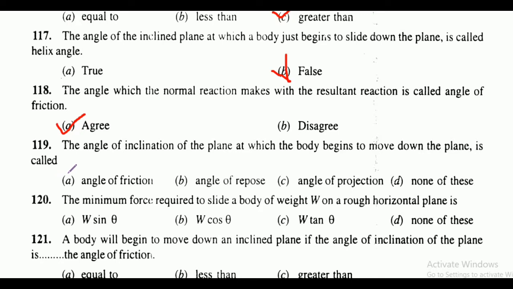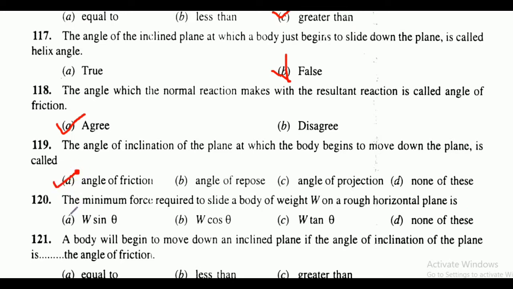Now next is 119. The angle of inclination of the plane at which the body begins to move down the plane is called, your options are angle of friction, angle of repose, angle of projection, none of these. And here correct answer is option A, that is angle of friction.